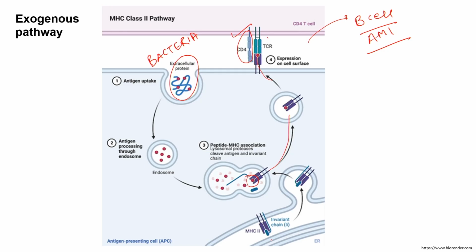Now, the antigen presenting cell here will have the invariant chain loaded MHC2, which we have already studied, that this can be cleaved into small clip fragments by proteases, and then this clip will later be pinched off by HLA DM molecules present in the endosomes.